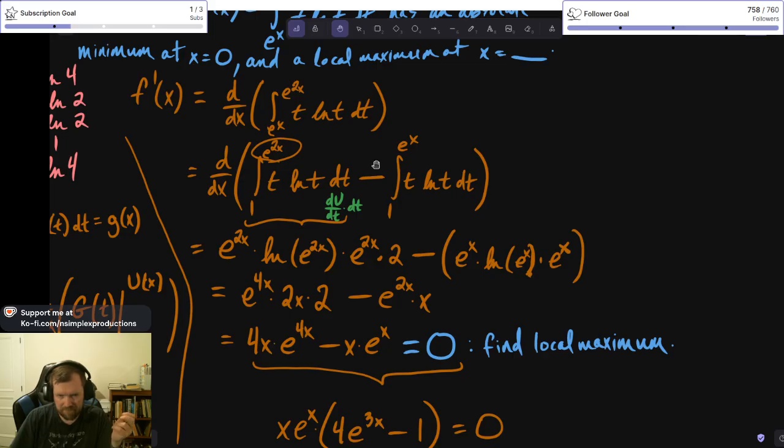Yep, sure is. That drops the 2x, becomes 4x. That combines to become e to the 4x. That combines to become e to the 2x, and that drops the x. Yep. There we go.